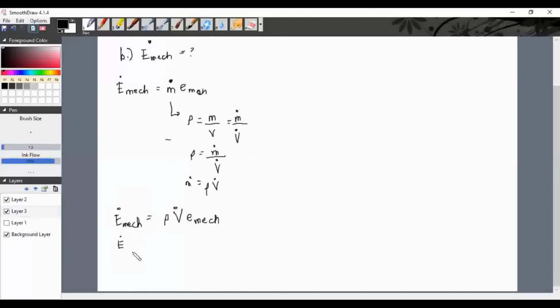So, gamit na lang tayo ng standard value. Density of water is 1,000 kilogram mass per cubic meter times meron tayong volume flow rate na 500 cubic meter per second.